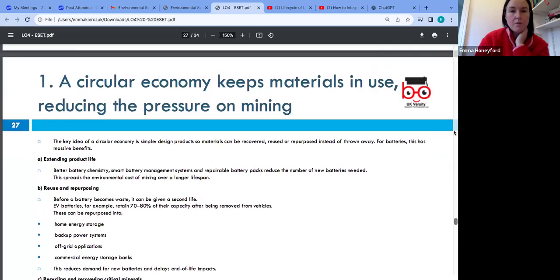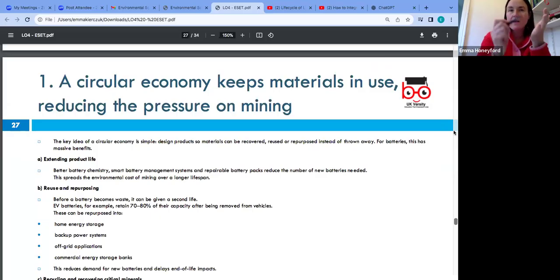The whole principle of circular economy is that it keeps materials in use, reducing the pressure on mining. The key idea is simple: design products so materials can be recovered, reused, repurposed instead of thrown away.